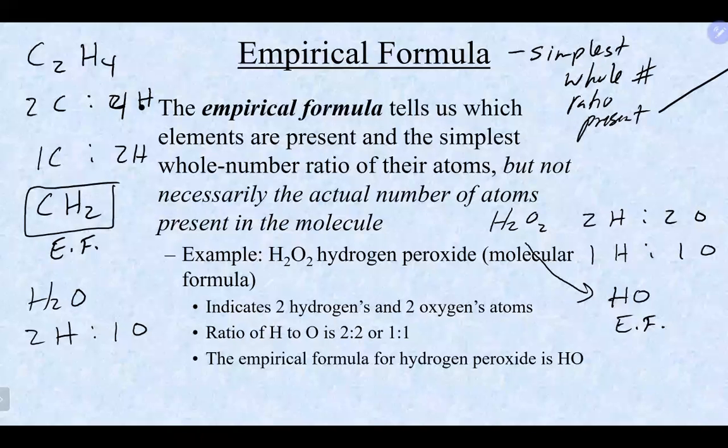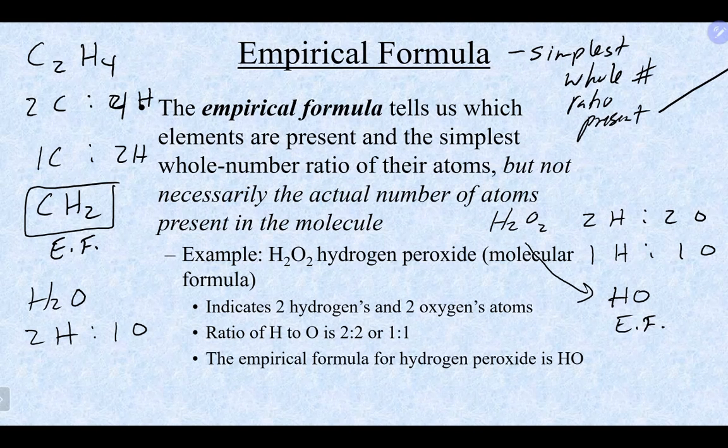All ionic compounds have formulas that are always empirical formulas. That's because when we take an ionic compound, which is a positive ion and a negative ion, we always put them together so the charges equal 0 in the simplest way possible. That is why the correct ionic formulas are always empirical formulas.